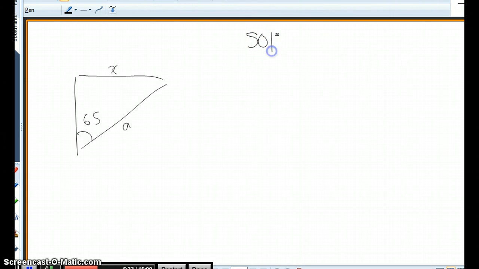That's how we can remember the different functions. The SOH stands for sine of the angle is equal to the opposite side divided by the hypotenuse.